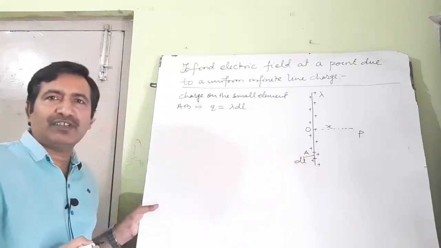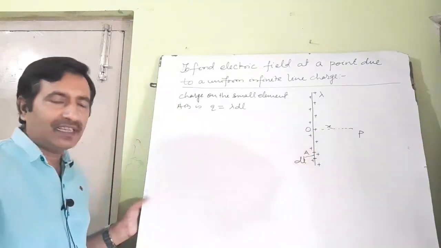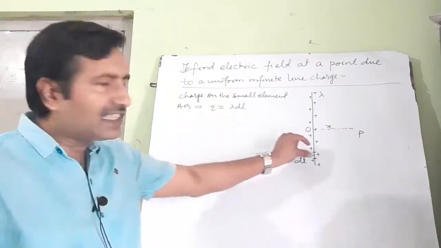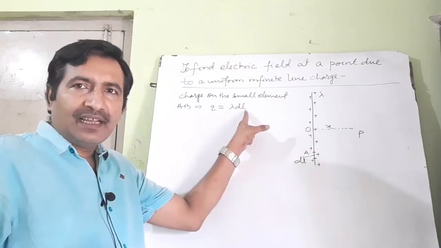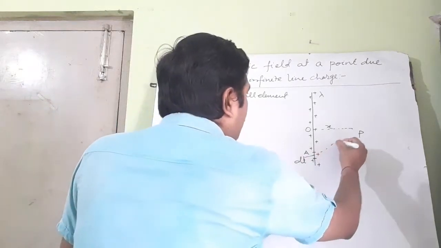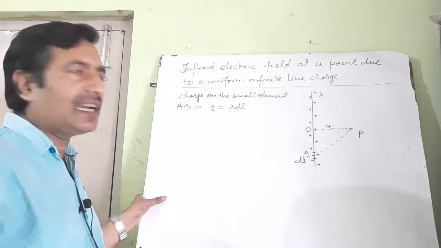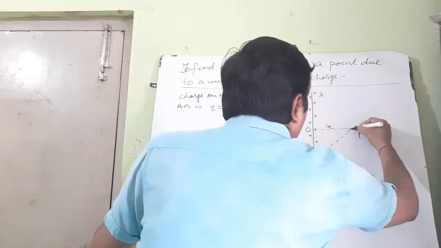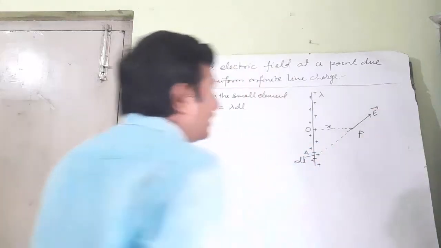Lambda is charge per unit length, into length, is the total charge on this small element. This small element can be treated as a point charge carrying charge lambda dl. Now according to Coulomb's law, the electric field at point P due to this charge will be in which direction? This will be in this direction. This is the electric field due to this element.